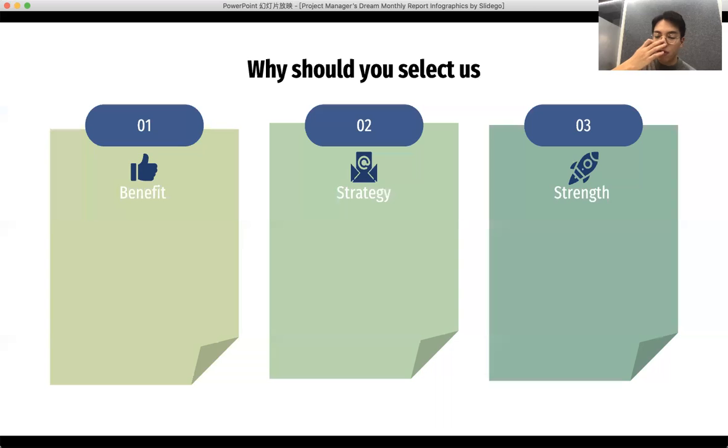Also, we have lots of project management strategy, especially experience with IT project management strategy with change management, because as you know, nowadays with a lot of big data and AI with machine learning, change management is becoming more and more important to us. So yeah, that's it.